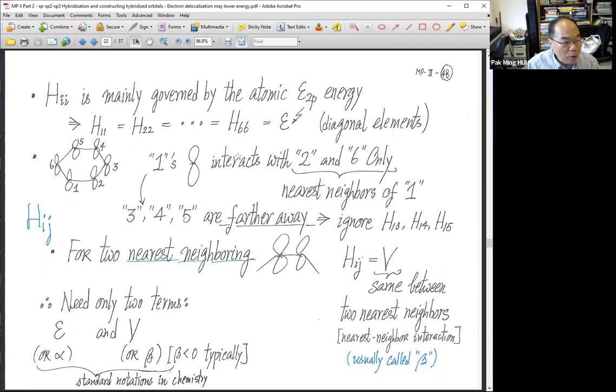Now, i and j will be two different indices. So look at this picture. If i is 5, very naturally, the most important Hij will be 5 with 4 and 5 with 6. Now, that is the key point. Because separation is the nearest.